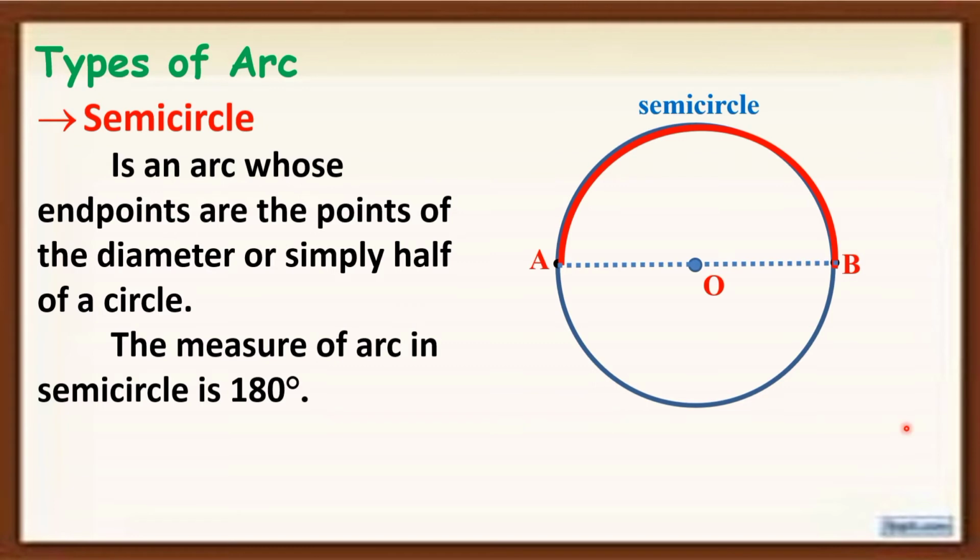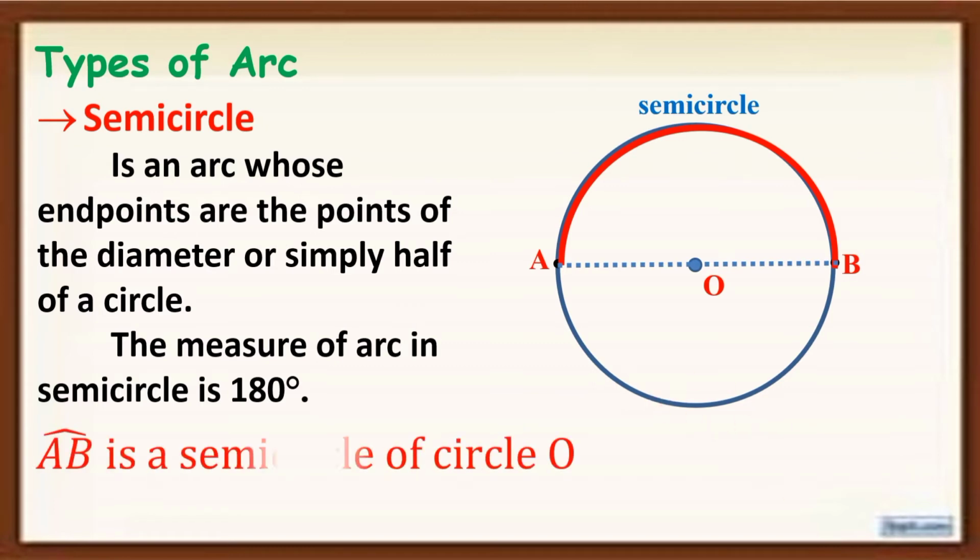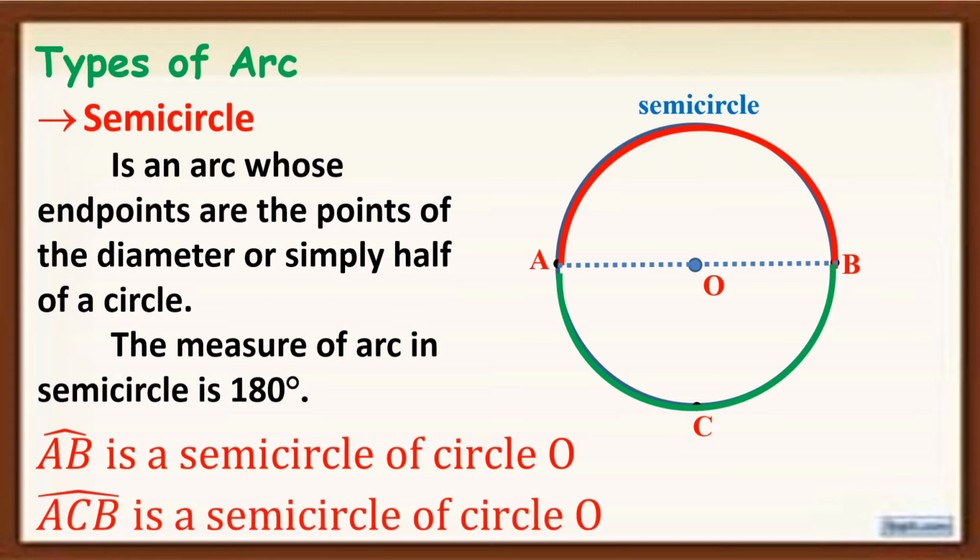So, para hindi tayo malito, I'm going to add an additional point here and I'm going to name it as C. Therefore, this part is also a semicircle and the name of that arc is arc ACB. Again, arc ACB is also a semicircle of circle O.